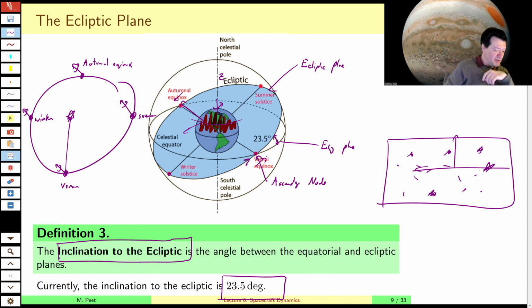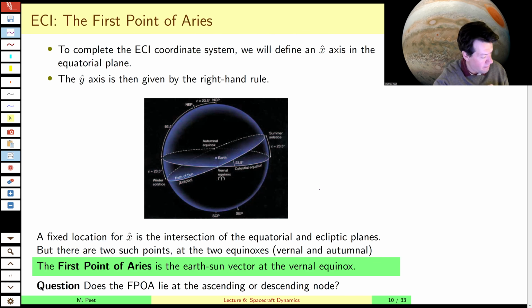And so we're going to be biased going forward towards this vernal equinox as opposed to the autumnal equinox, which we more or less ignore. And in fact, the point at which the sun is rising is what we're going to actually be calling our x-hat coordinate. But we'll get to that in a second.